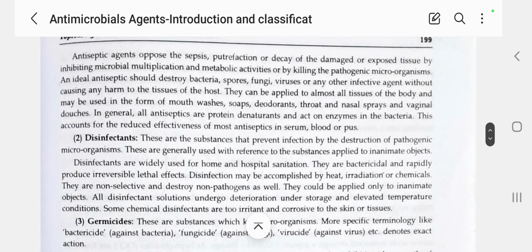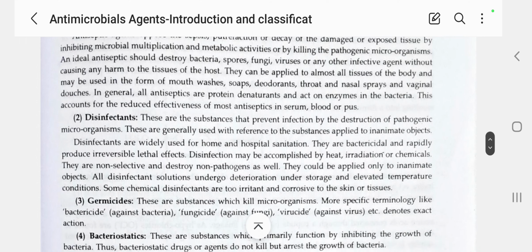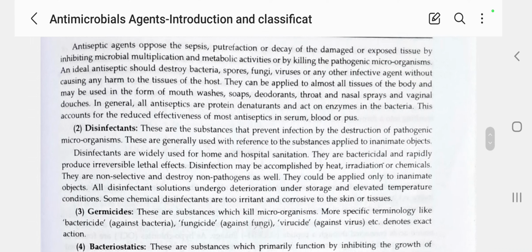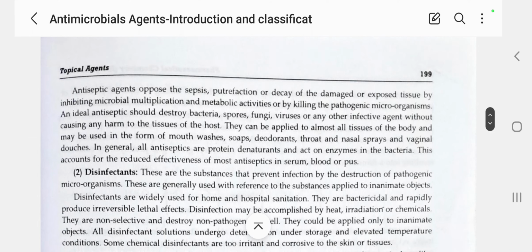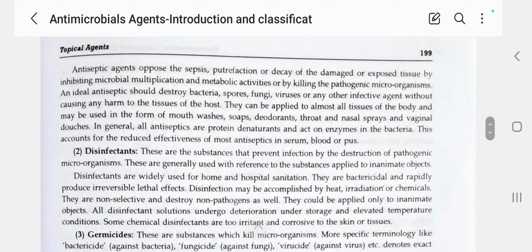This accounts for the reduced effectiveness of most antiseptics in serum, blood or pus. So antiseptics are drugs which either kill or prevent the growth of microorganisms and are applied on living tissue.